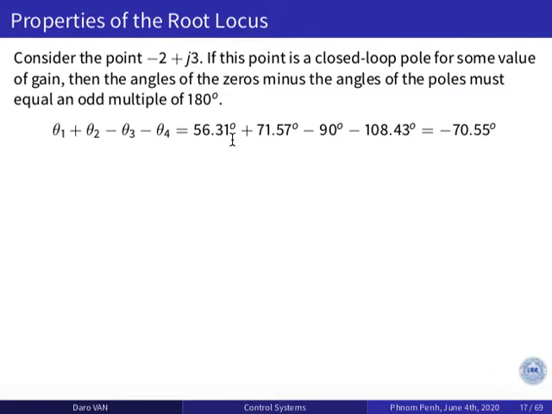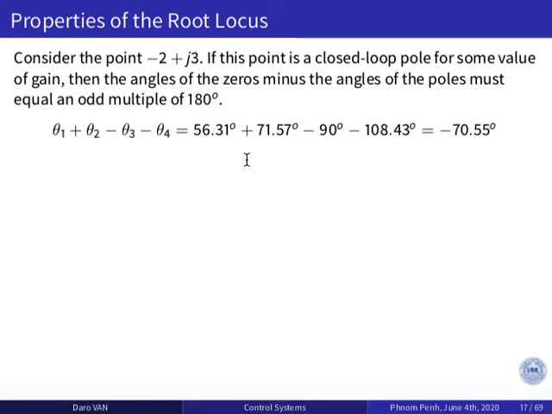So let's consider this point. If this point is a closed loop pole for some value of gain k, then the angle of the zero minus the angle of the pole must equal an odd number, (2k+1) multiplied by 180.